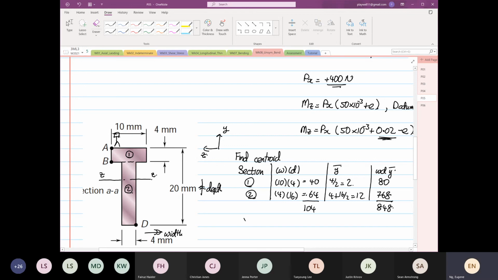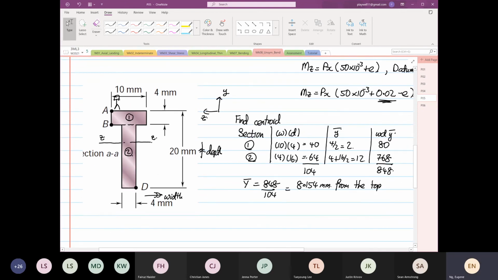The y bar is equal to 848 divided by 104, which is 8.154 from the top. If you want it from the bottom, your answer is 11.846. But as I advised you already, it's best to take it from the top.